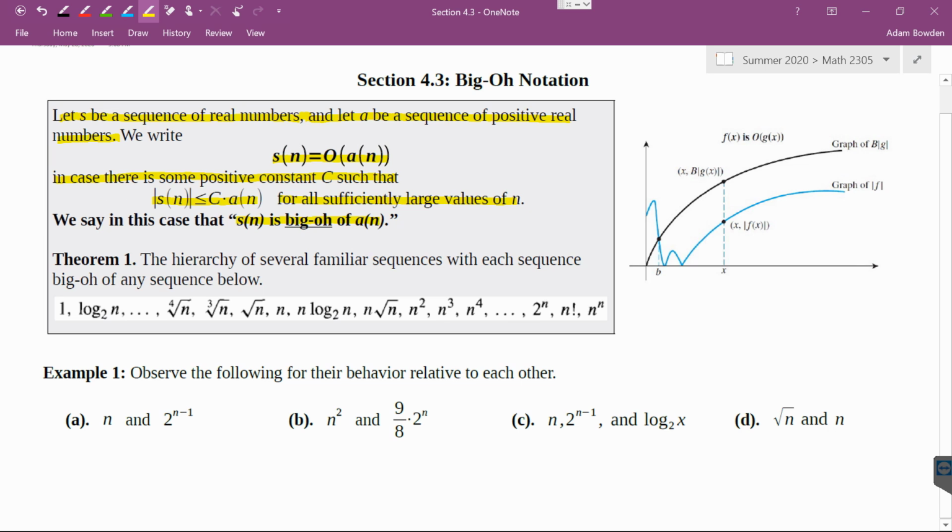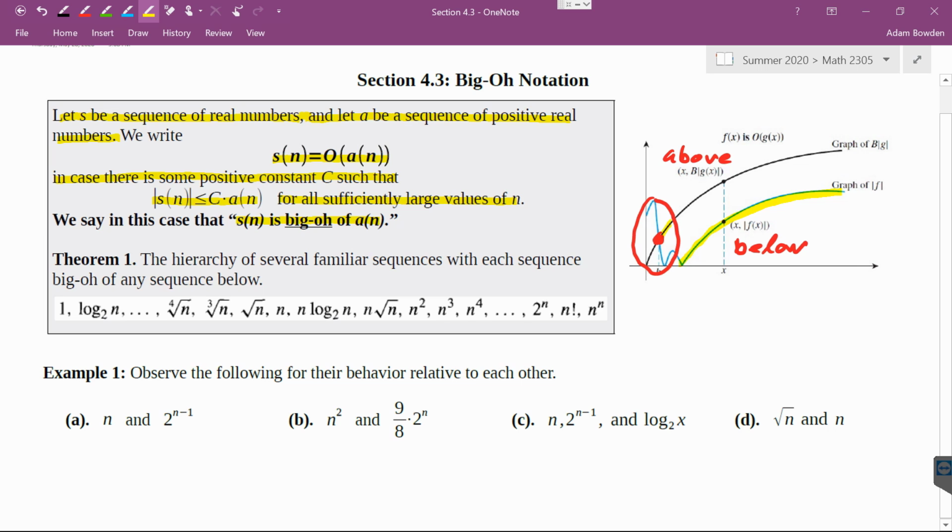There's an illustration here of what this represents. You might have two functions that start out kind of one on top and one underneath, but at some point they cross over, they intersect, and one stays above the other. If that's the situation, then the one underneath will never get back up and reach the size of the one that's going up above it.